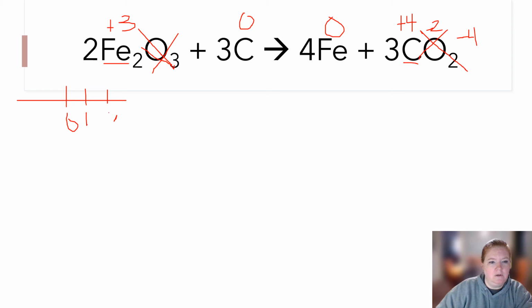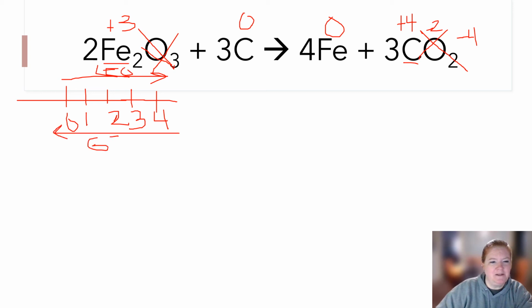Okay, so now I'm just going to real quick draw a little number line. 1, 2, 3. And I'm only going 0 and to +4. I actually don't need any negatives in this number line. This way is Leo, right? Terrible handwriting with the mouse, and this way is Ger.